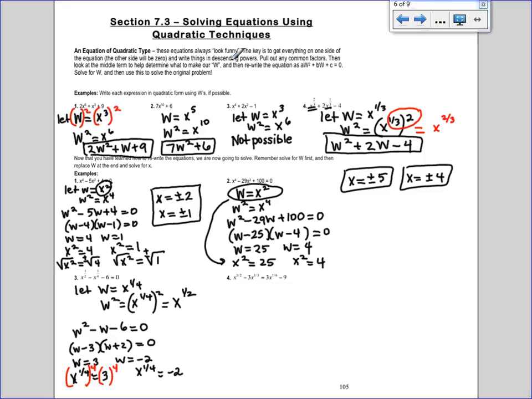So when I do that, I get x equals 3 to the 4th, which is 81. Right, now the other one, I raise to the 4th. I get x equals 16.